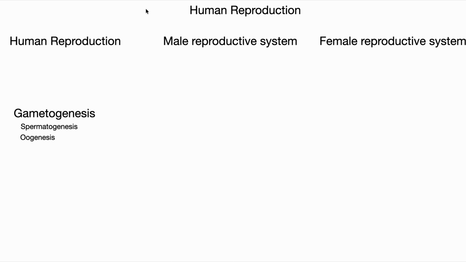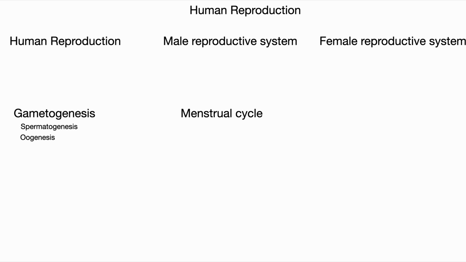Inside, the secondary oocyte is getting a membrane called zona pellucida. Now, during ovulation, this Graafian follicle ruptures and the secondary oocyte with its zona pellucida is released outside the Graafian follicle. So, during ovulation, the female gamete is released at what stage? Secondary oocyte with its membrane zona pellucida.